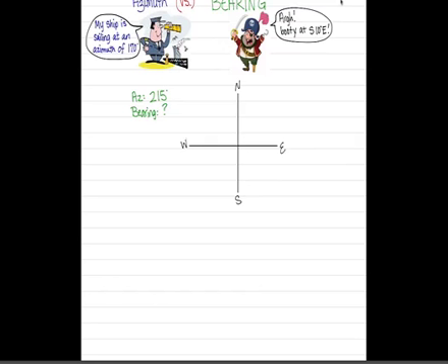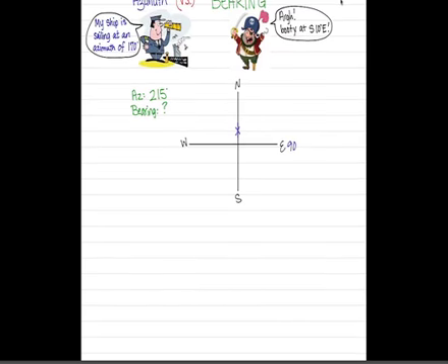So 215 degrees from the north line, right here. We know this is 90 degrees, and this is 180 degrees, and this is 270 degrees. So it's got to be in between this and this quadrant, because 215 is greater than 180 degrees, but it's less than 270 degrees. So it's got to be in that quadrant right there.